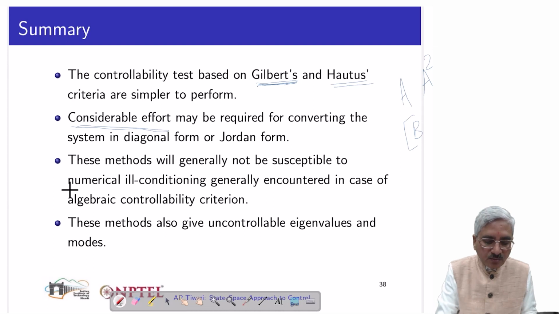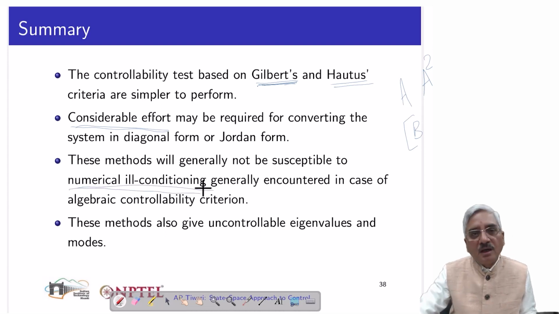And that causes numerical ill conditioning of the matrix, thereby making the rank test difficult. Theoretically, it should hold, but because computations have limited precision, numerical ill conditioning happens, and a controllable system may be shown as uncontrollable. The rank may be shown as different from the theoretical rank of the matrix.